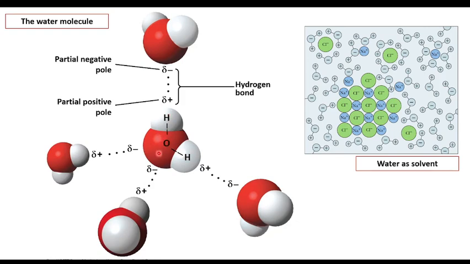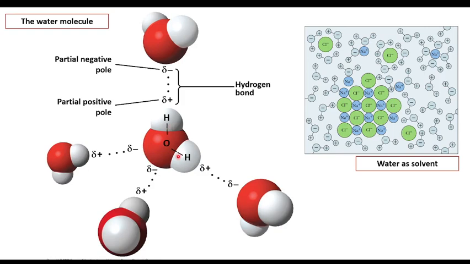So the particular arrangement of this water molecule as well as the component atoms confers to it partial positive and partial negative poles. This is because hydrogen is positive in this case, and oxygen here is negative.